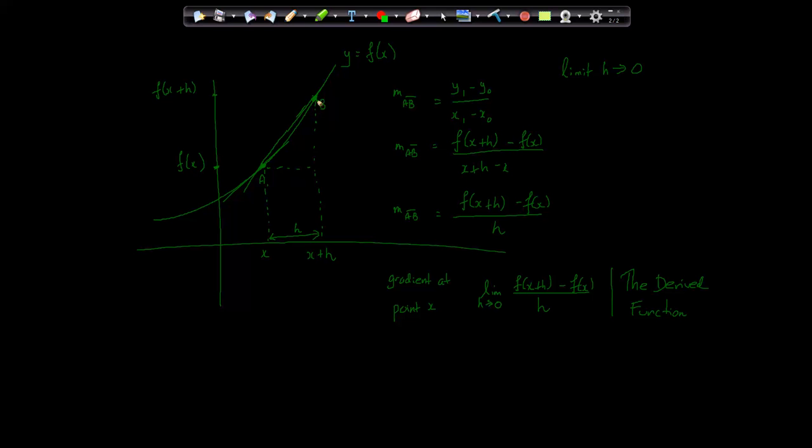Okay, as we bring B closer and closer to A, and this horizontal distance becomes infinitesimally small, so it's basically approaching 0, that's when those two would have the same slope. Okay, and so this is where this definition of the derived function comes from.